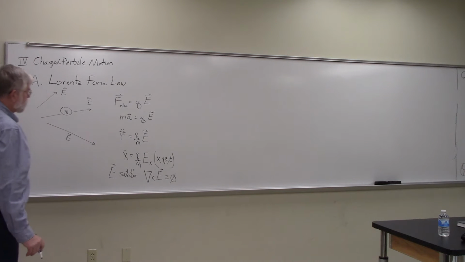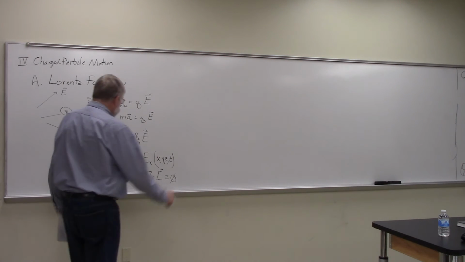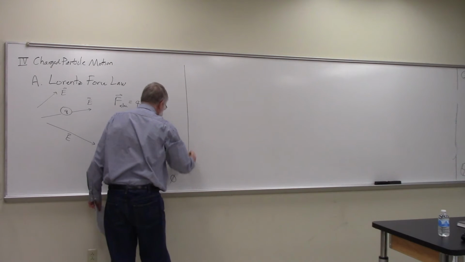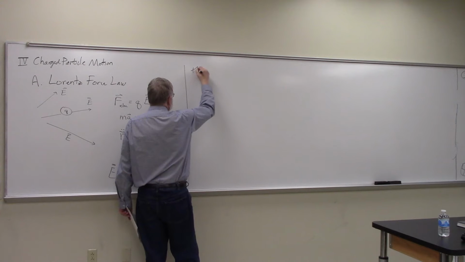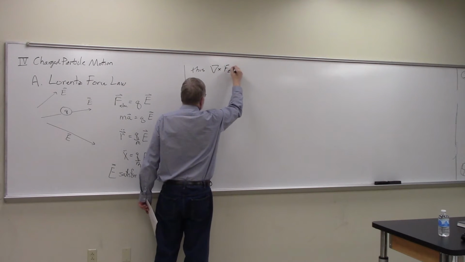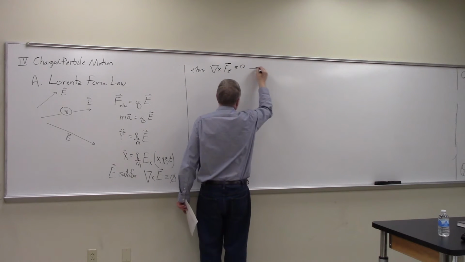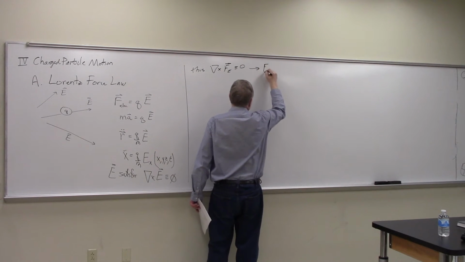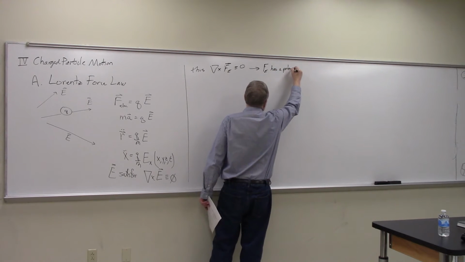The curl of the electric field is always zero. Because the curl of the electric field is always zero, then since Q is a constant, the curl of the electric force is always zero, which means that the electric force has a potential energy.